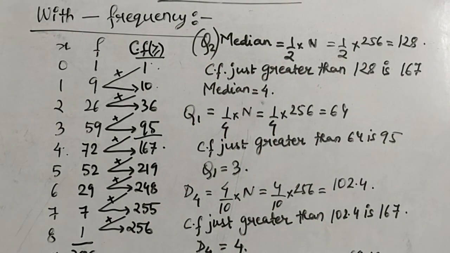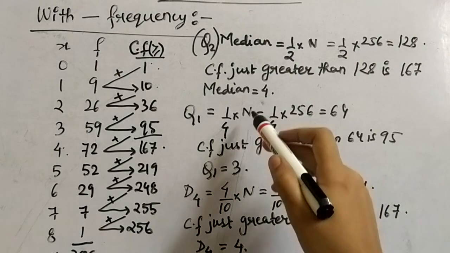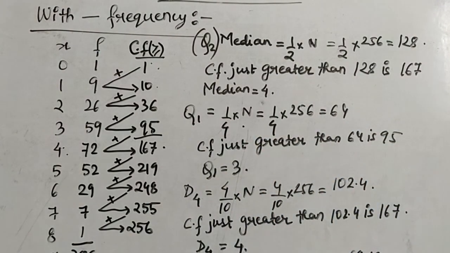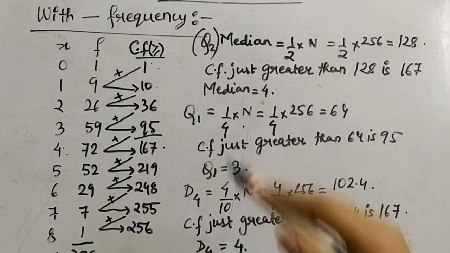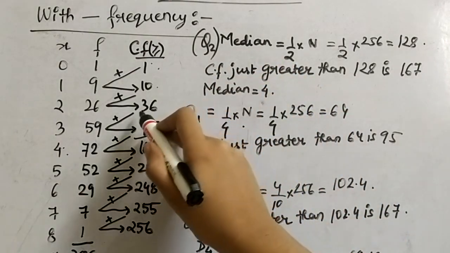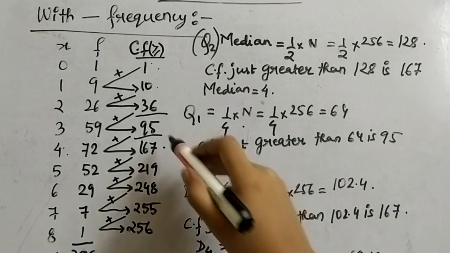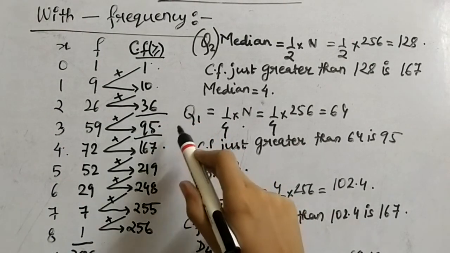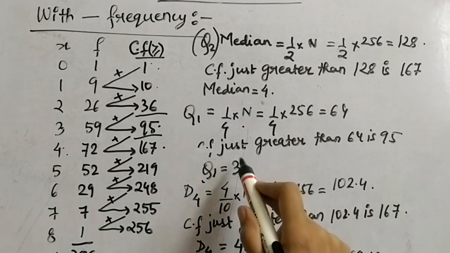Now in order to calculate quartile number 1, you have to divide n by 4, correct? You have got the value 64. Now the value greater than 64 is 95 because 64 lies over here, right? Now the value of x would be 3. The quartile 1 would be 3.